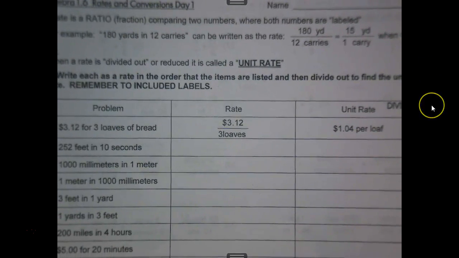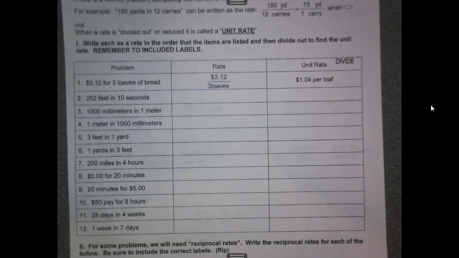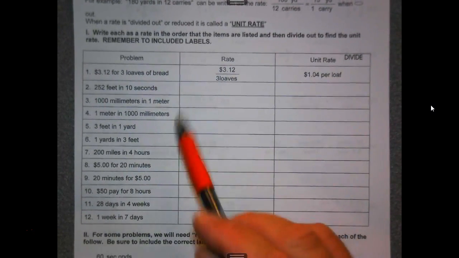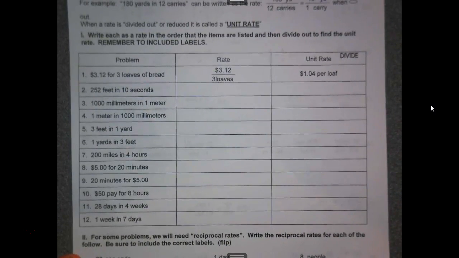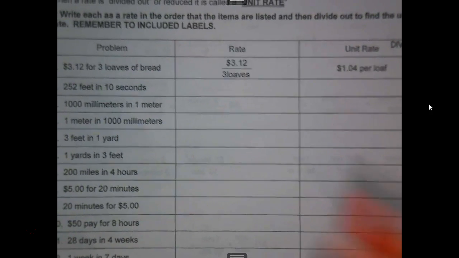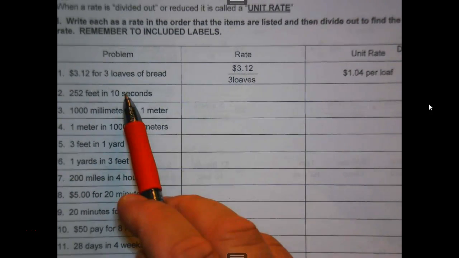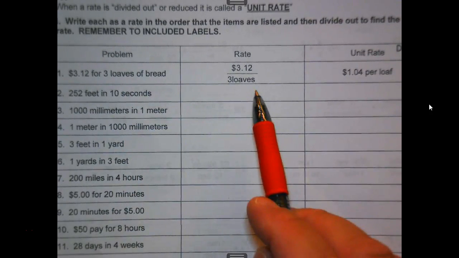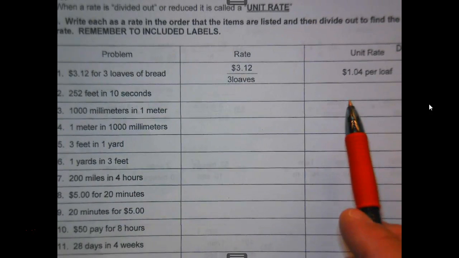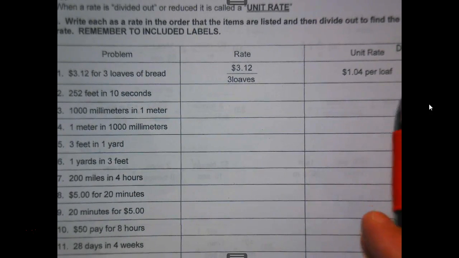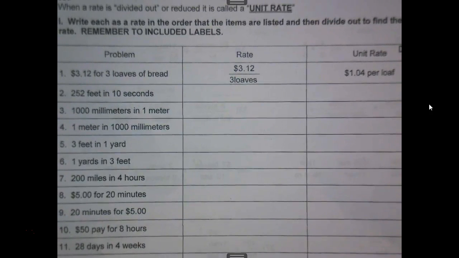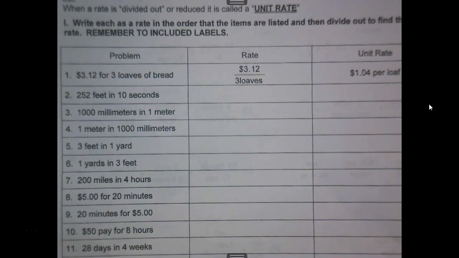Now, this whole chart is unit rate, what we did yesterday. So what we have to do is make a fraction out of what's given in the statement, divide it out, and put our label on there. They did number 1 for us.